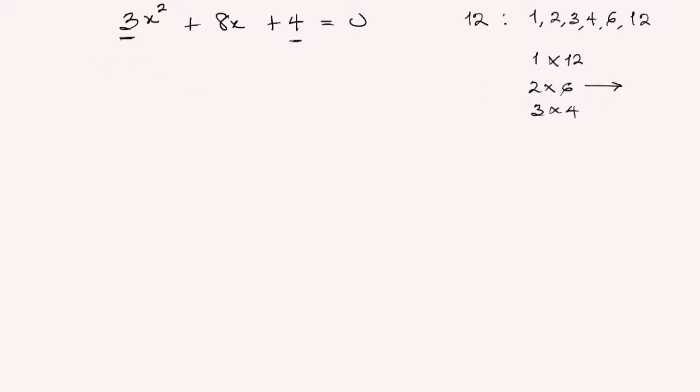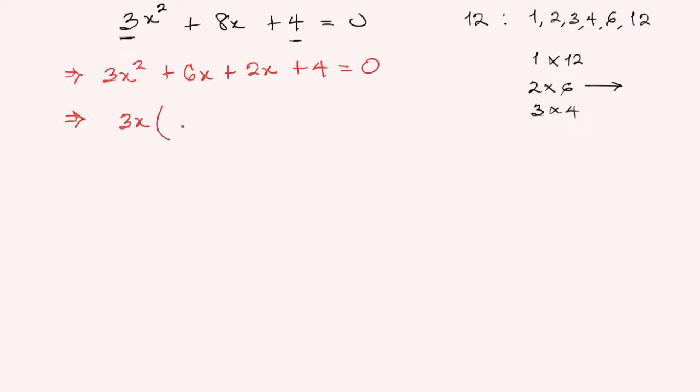So we would have to rewrite this expression as 3x squared plus 6x plus 2x plus 4 equals 0. And so this can be factorized: 3x squared plus 6x has 3x in common.